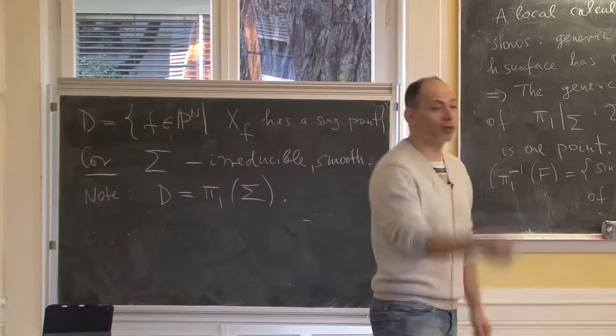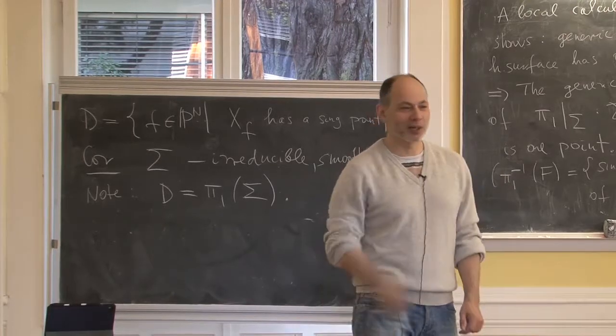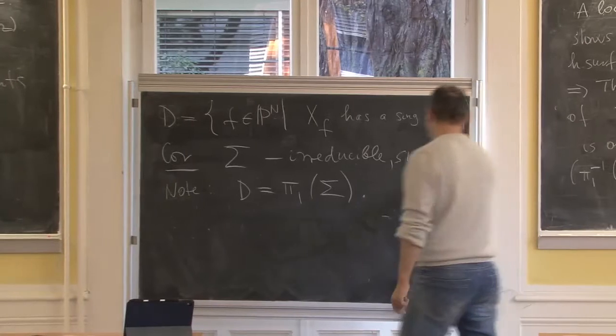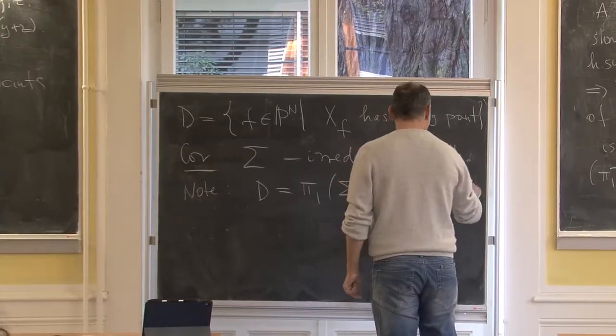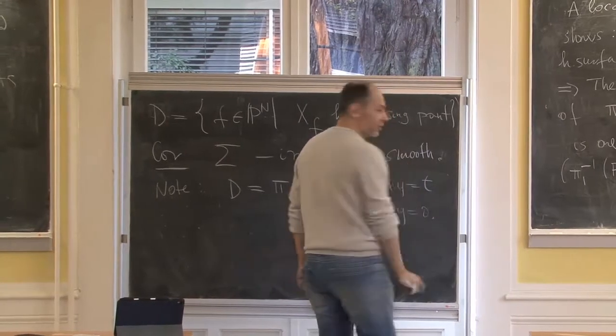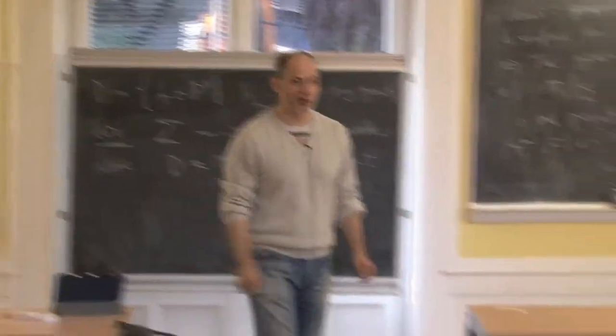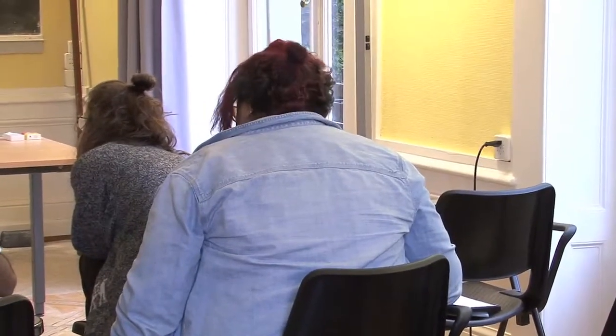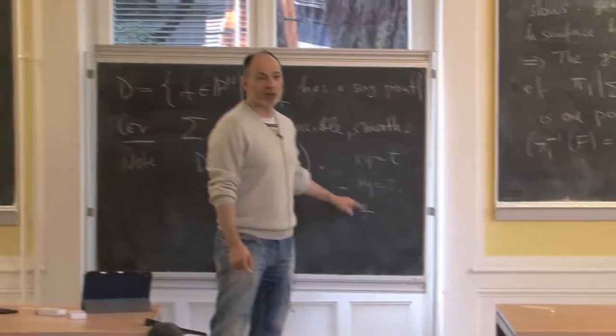A hyperbola is xy equals t, and when you degenerate it to t equals 0, you get a node. So the only reasonable quadratic singularity is xy equals 0. So this is what you want.